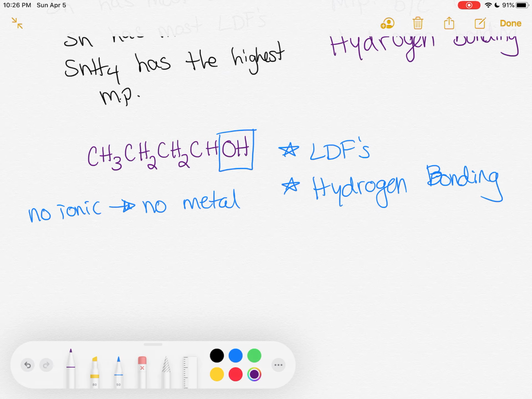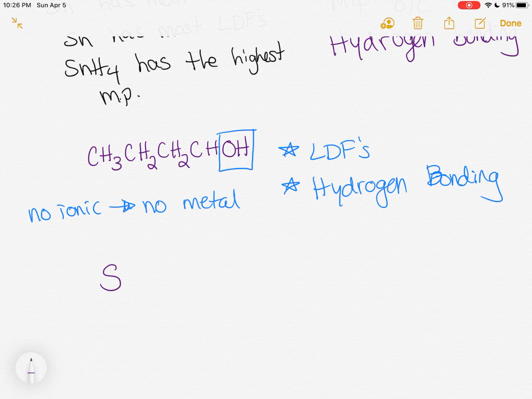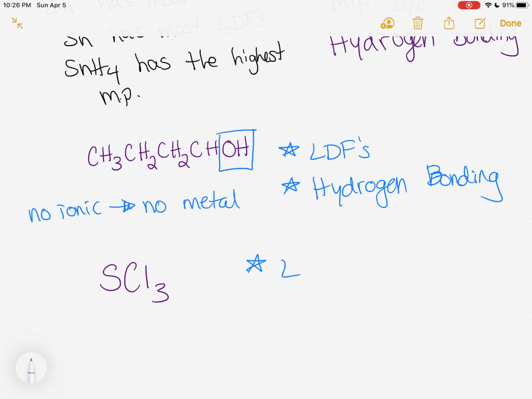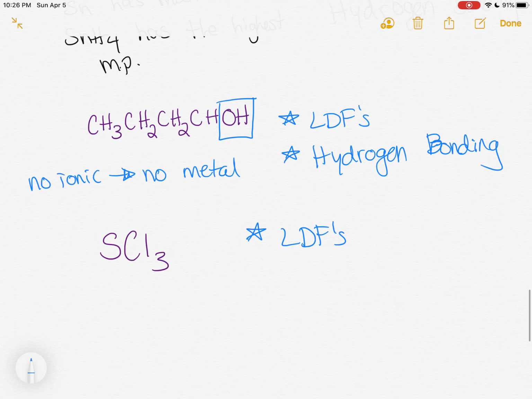Okay, let's look at one more example here. Say we have sulfur trichloride, SCl3. In this molecule, we of course have LDFs because we have LDFs in everything, okay? And then we want to decide whether sulfur to chlorine is a polar bond or not.